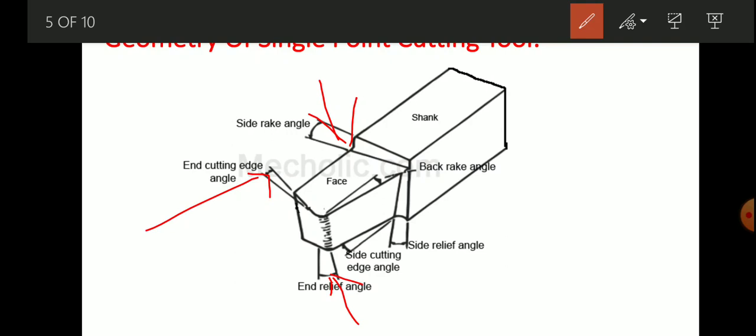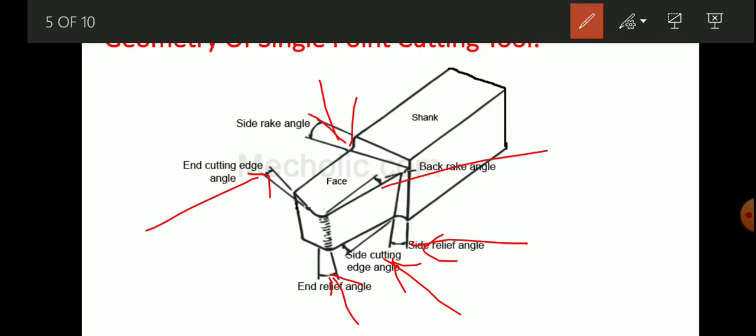Now we have side cutting edge angle. Side cutting edge angle is the angle between the side cutting edge and the side of the shank. Now we have side relief angle. It is the angle between the side flank below the cutting edge and a line perpendicular to the base of the tool.